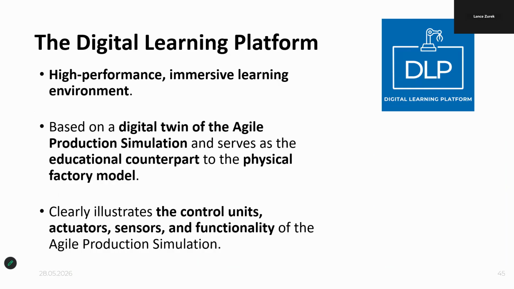The digital learning platform is a high-performance, immersive learning environment and is based on a digital twin of the Agile Production Simulation. This serves as the educational counterpart to the physical factory model. The learning tool is used to clearly illustrate the control units, actuators, and sensors included on the model, and to demonstrate the full functionality of the APS.